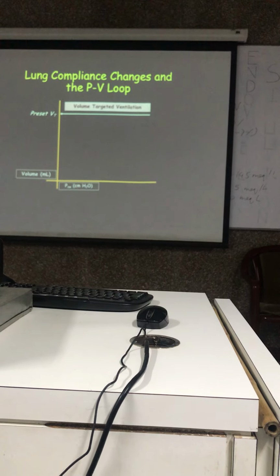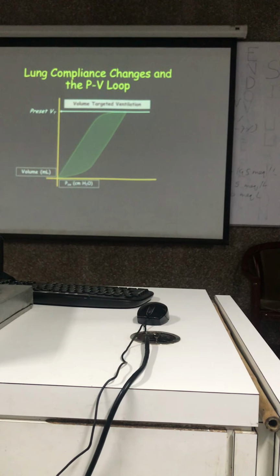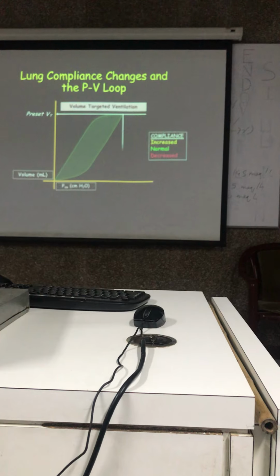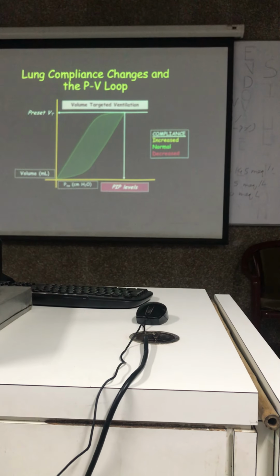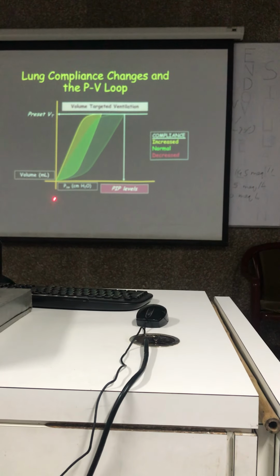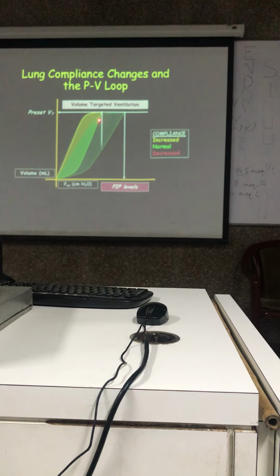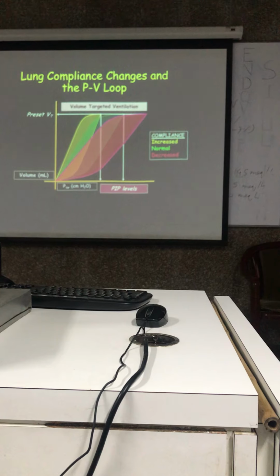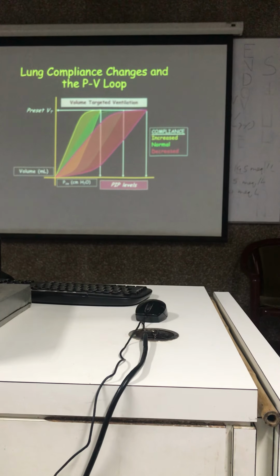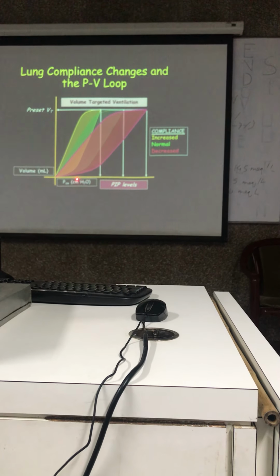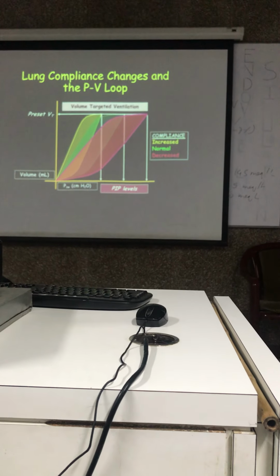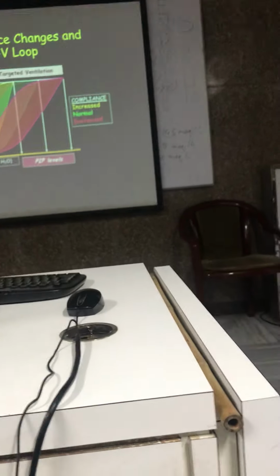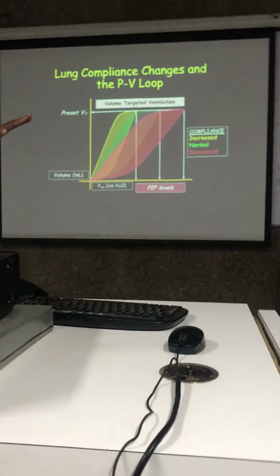And then when you look at PV curves in terms of volume control ventilation, you will realize that when there is decreased compliance, you will find that this is normal. This is, say, increased compliance, the yellow one, and the pink one is where the compliance is decreased. Now, what do you see in this? You see the one with the decreased compliance looking flatter like this.